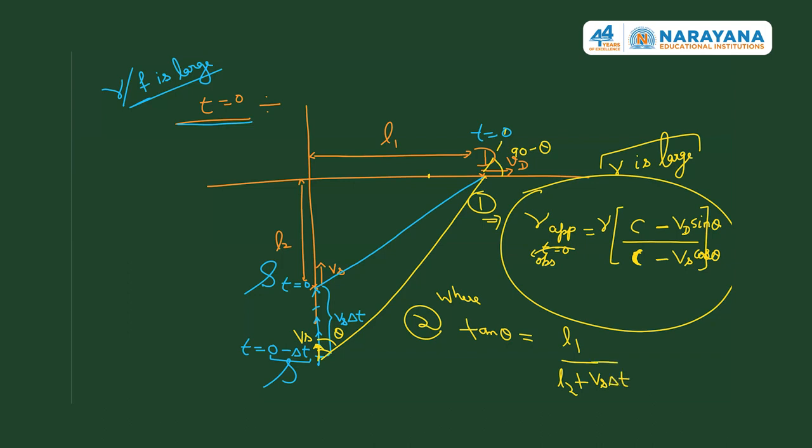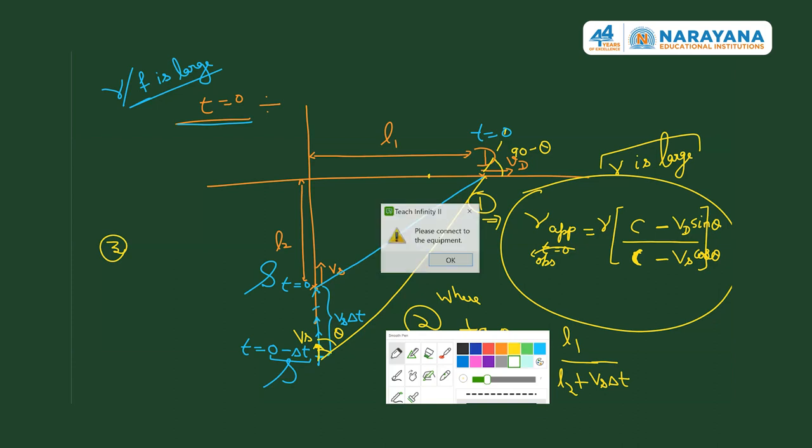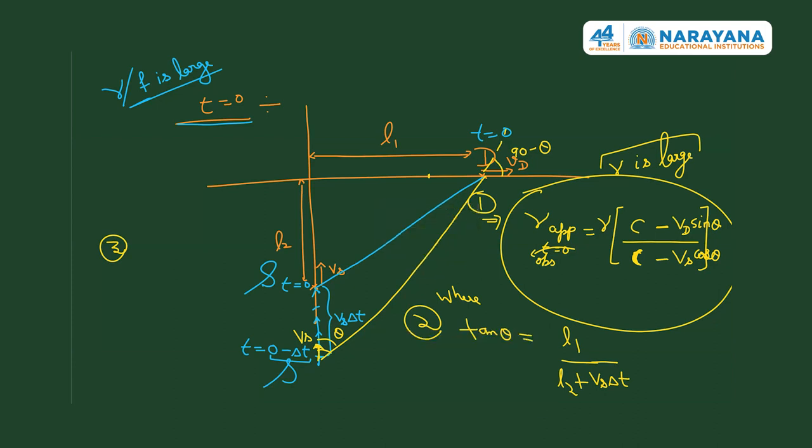And all of us understand that in the third equation, the distance that the source has traveled in delta t time from here to here, that Vs delta t, is also the same time in which a sound signal has traveled from this point to this point. So in this triangle, this distance should be written as c delta t. I am treating c as the speed of sound in still air.